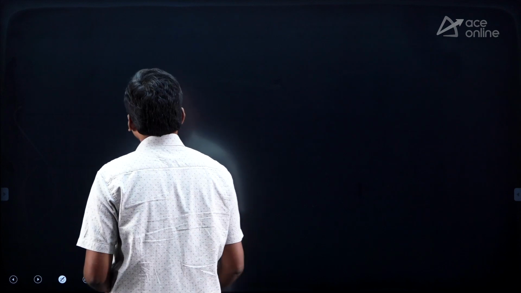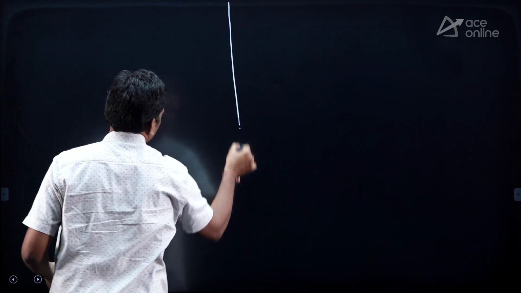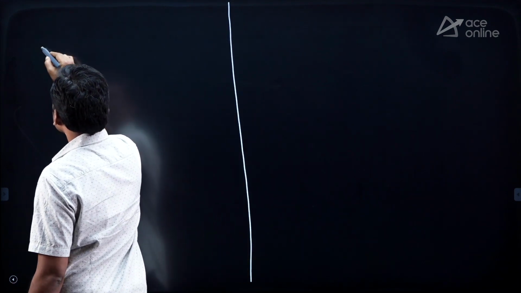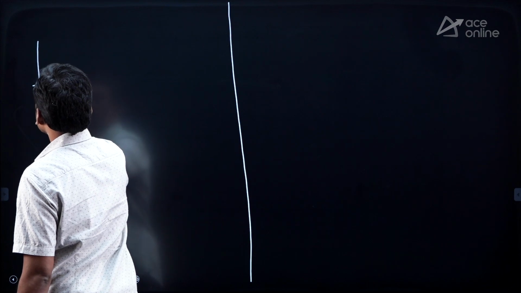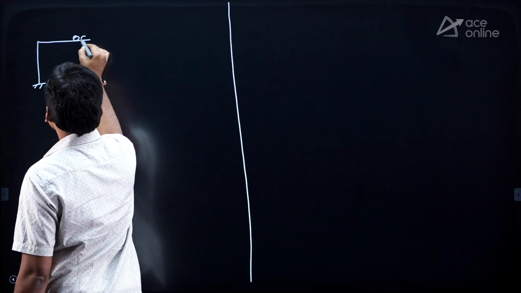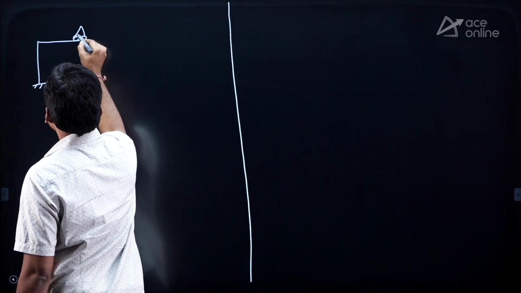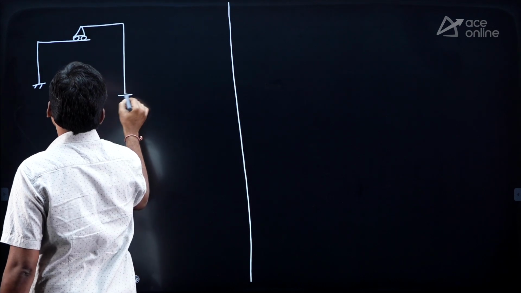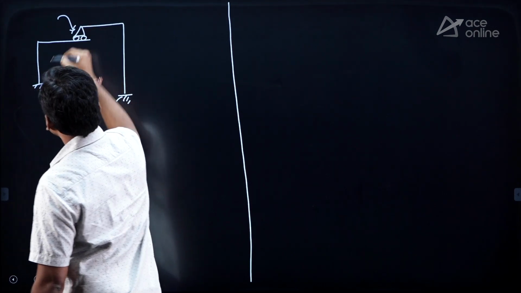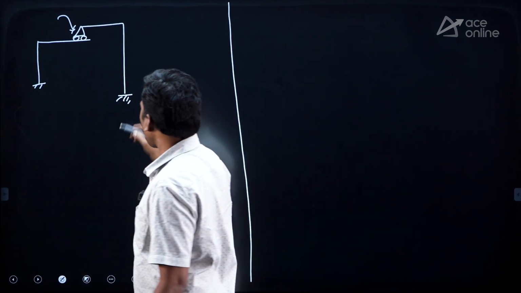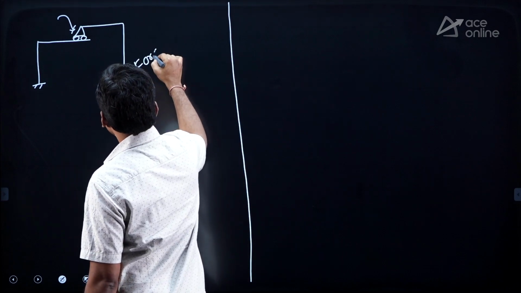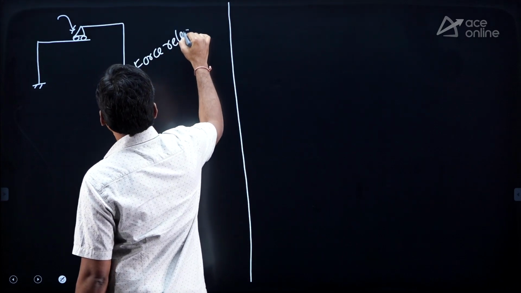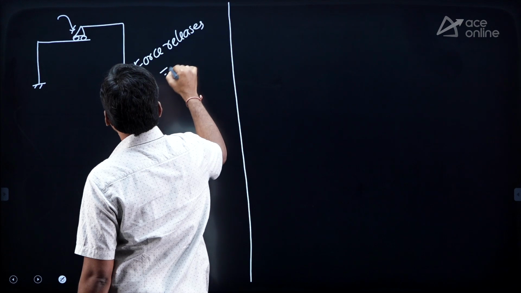Next, internal roller. So this is the internal roller, right? For internal roller, how many force releases? Force releases equals 2.